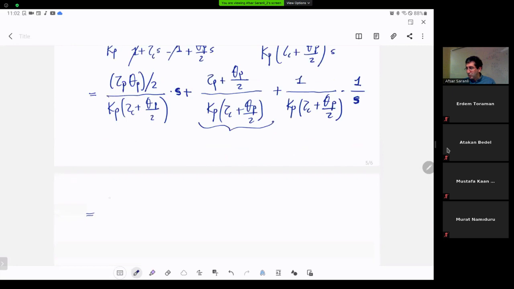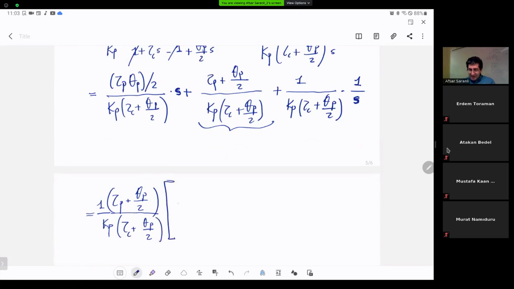So I will put it into this parenthesis: tau p plus theta p over 2, and I have also a 1 over kp term here, in the denominator tau c plus theta p over 2.